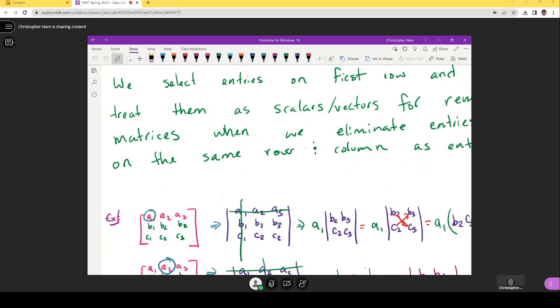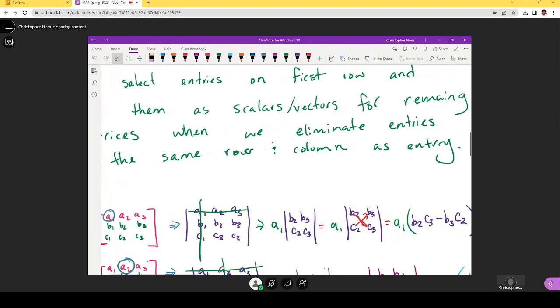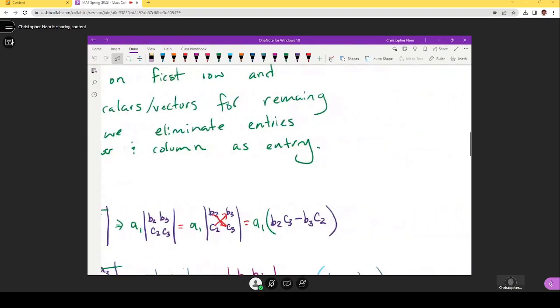And if I do that, I have a 2 by 2 matrix left. B2, B3, C2, C3. So I can write it multiplied by a scalar, A1. And I can calculate a determinant of a 2 by 2 now. The determinant of that is simply A1 times B2, C3 minus B3, C2. These are all general terms to get you the idea and generalize things for different matrices, but they have the same rhythm.